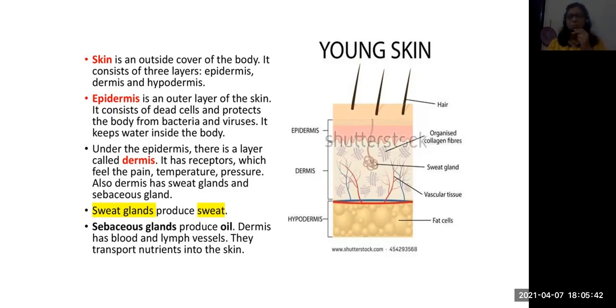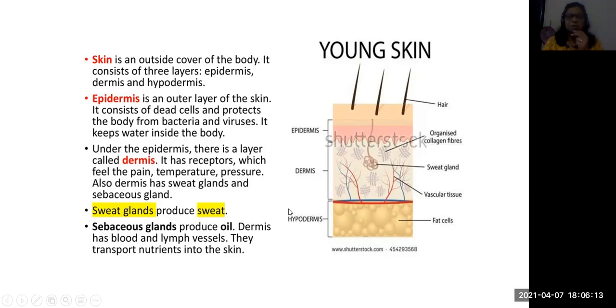And this fat is important as it acts as an insulator, and it also acts as a lubricant. Those who are fat people may not feel that much cold when compared to thin or lean people, because of the presence of fat. You know that fat won't release the heat outside. Okay.